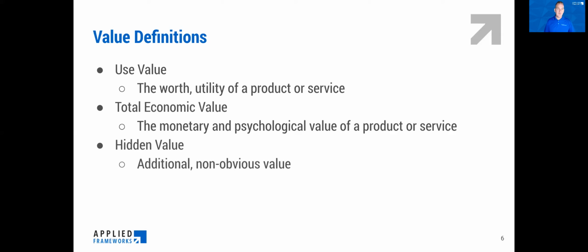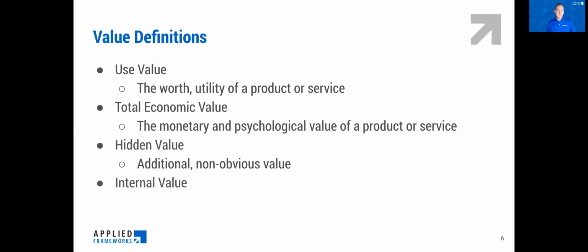Hidden value is other additional non-obvious value. So this could be analysis. As we look at our case study, we're going to see an example of economic value delivered through the marketing campaigns of a product, but there's additional non-obvious value from the analytics that are available in the product.